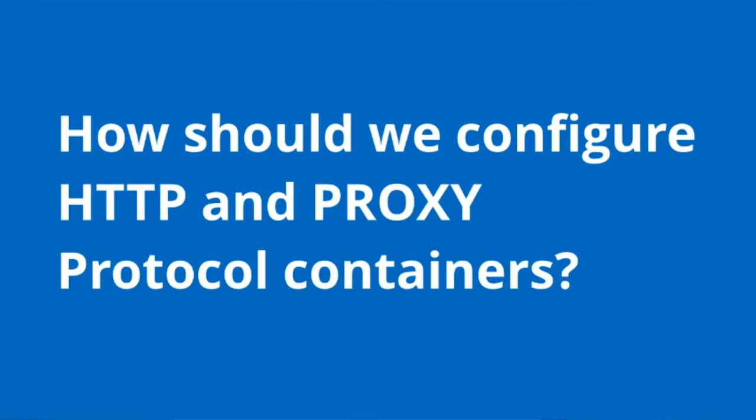So this is great, but we're left with the problem of how do we configure our NGINX app container to respond variably to HTTP or proxy protocol requests, since the two are incompatible. If we've got an NGINX server listening for HTTPS requests and it sees that initial prefix header, it'll interpret it as a bad request and it won't work.